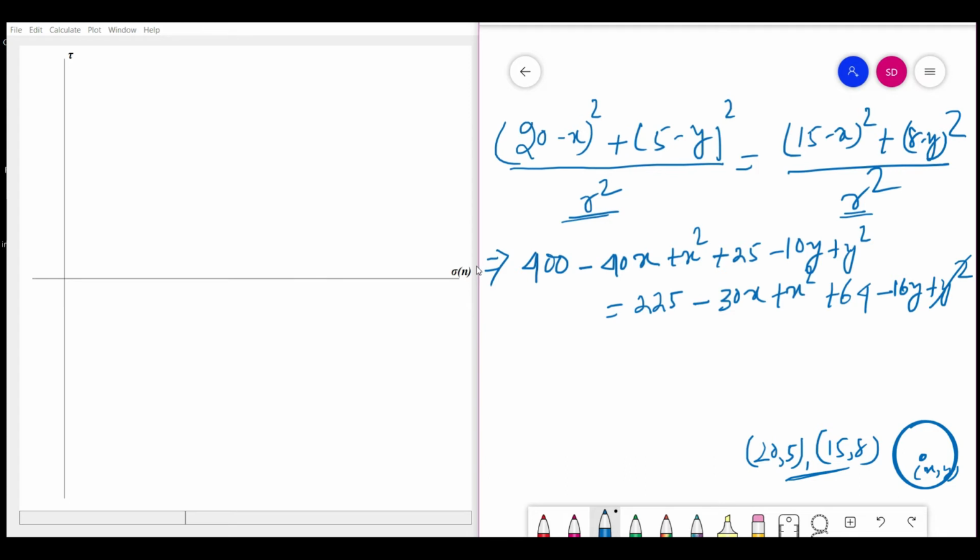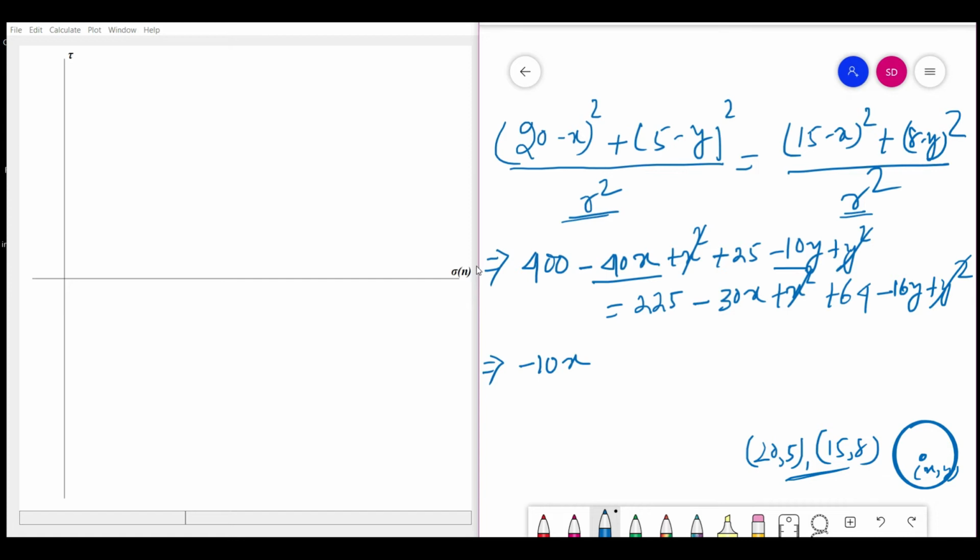So y square cancels, x square and x square cancel. So now we have minus 40x minus 10y, and if we take it to this side, it will be plus 30x, so this will be minus 10x.